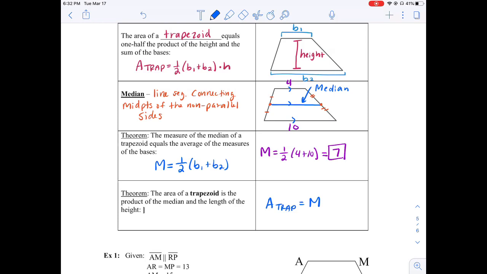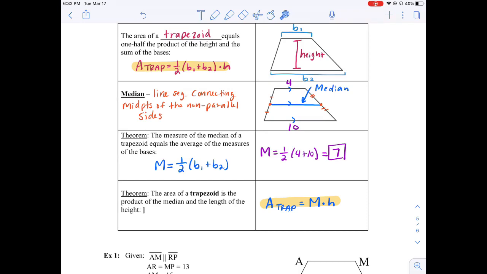So that means that the trapezoid formula could also be the median times the height. This gives us two different formulas using different pieces to find the area of our trapezoid. What you'll find is that we'll usually know base 1 and base 2 more often, but sometimes we do know the median, and it makes our job very easy to find the area.